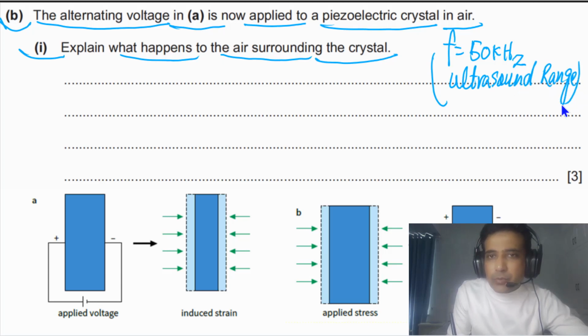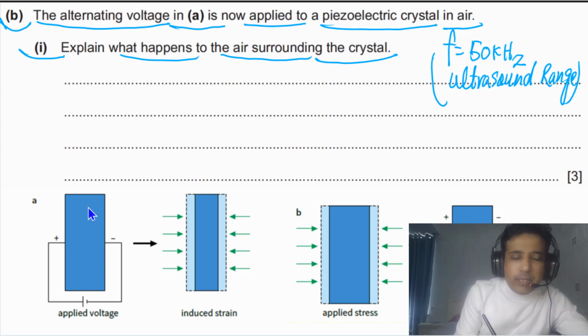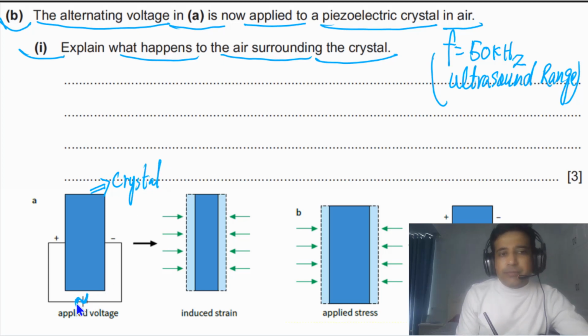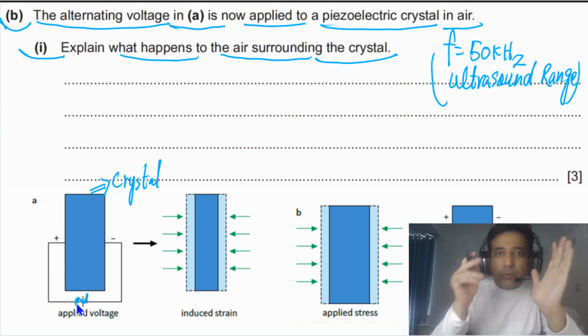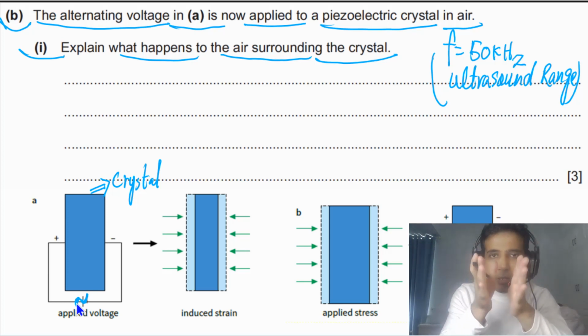Now we need to understand if we apply alternating voltage with this frequency across the piezoelectric crystal. So this is our piezoelectric crystal, this one is the crystal. And now if we apply alternating voltage across this one, what will happen to this crystal? When we apply alternating voltage across this crystal, it will vibrate like this.